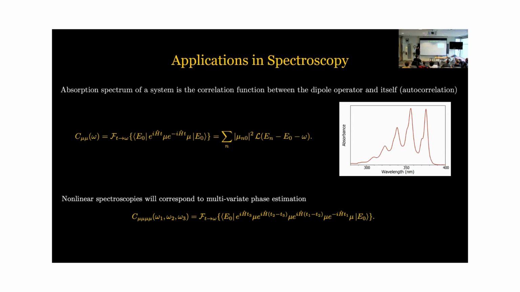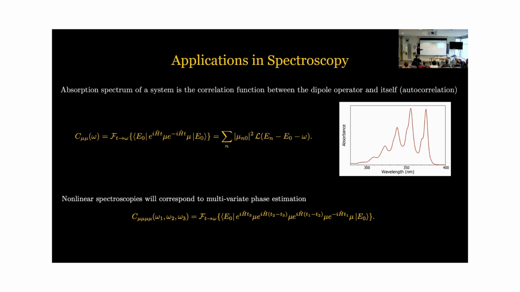There's a whole zoo of nonlinear spectroscopies out there, and I'm not an expert on every different type of spectroscopy, but generally, for instance, simple third order spectroscopies would look like this.